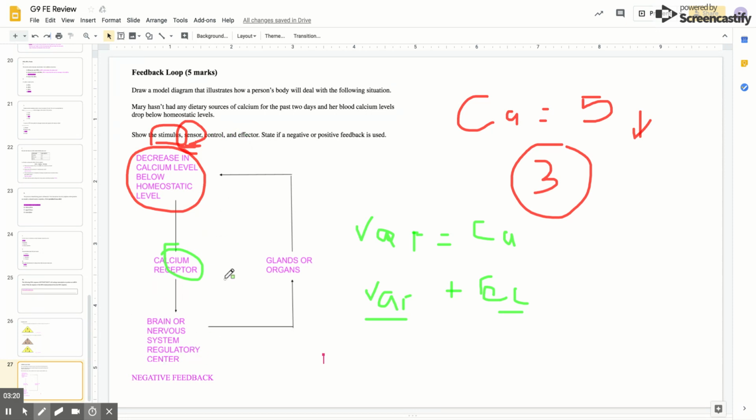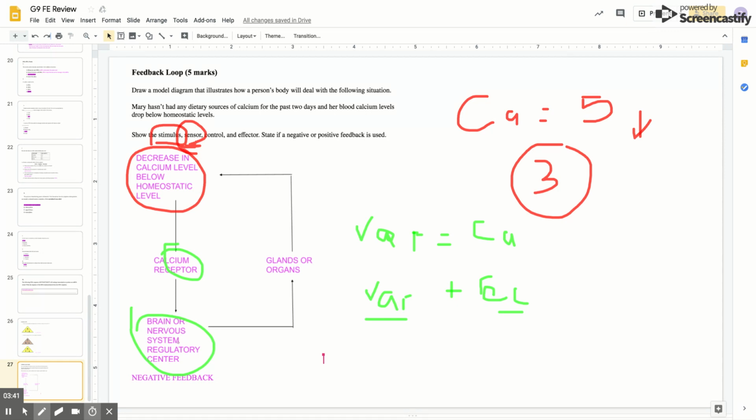Usually, the control center is your brain or nervous system. The brain or the nervous system are the regulatory center of your body, or of living organisms like ourselves. So it feeds that information to the regulatory center, and the brain or the nervous system then decides what to do.